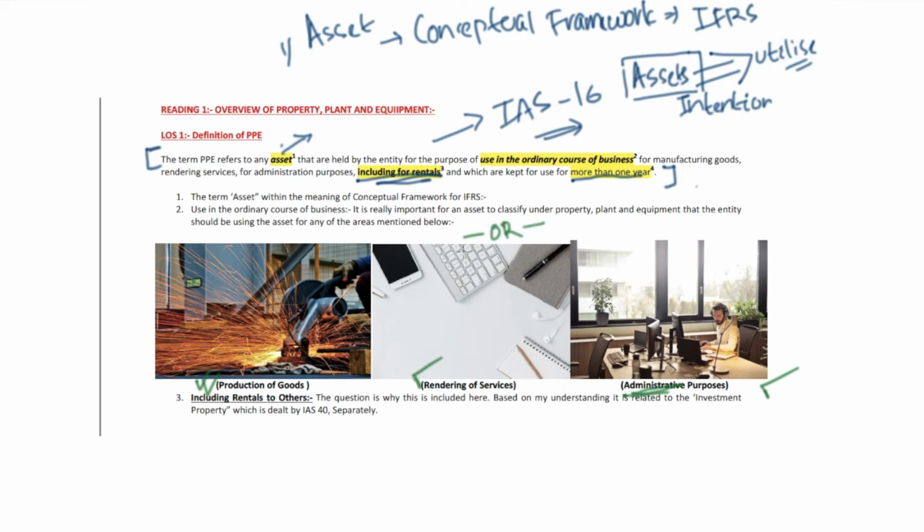All of these purposes, including rentals. In the next video, I will explain why it is included here in the definition, including rentals, and which are kept for use for more than 1 year. So these two concepts we will discuss in the next video and the subsequent videos.